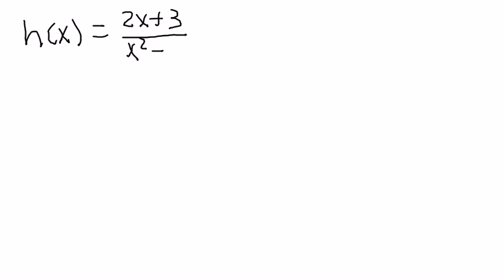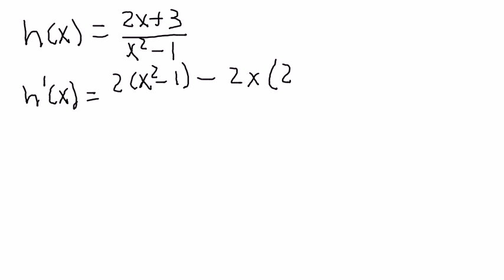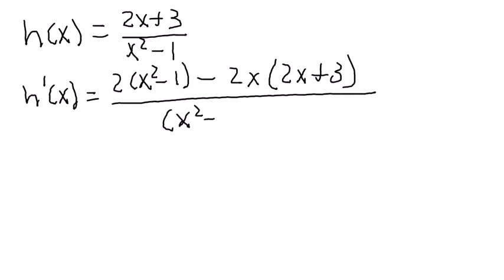Say we had h of x equals 2x plus 3 over x squared minus 1. So h prime of x would be the derivative of the numerator, which is 2, times the denominator, which is x squared minus 1, minus the derivative of the denominator, which is 2x, times 2x plus 3, over x squared minus 1 squared.